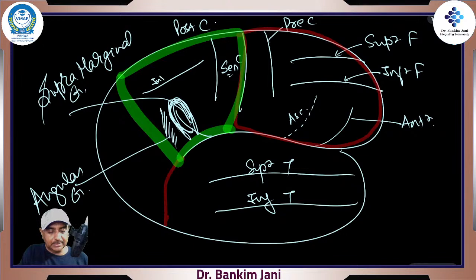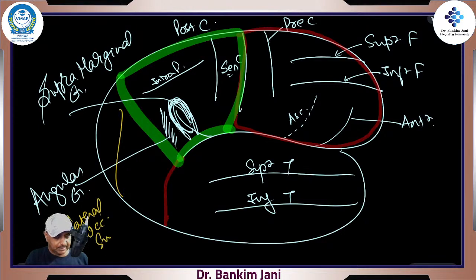This one is intraparietal. Finally the occipital one, in occipital, just one lateral occipital sulcus, that completes it, and this one would be the superior occipital gyrus and the inferior occipital gyrus.